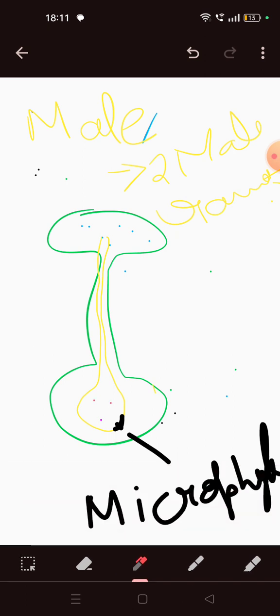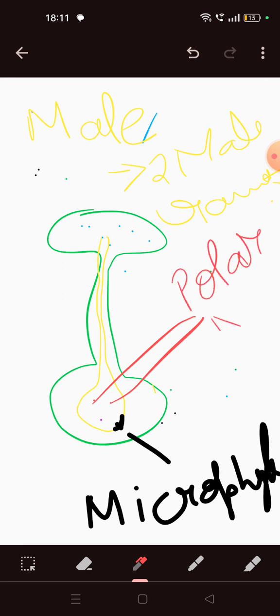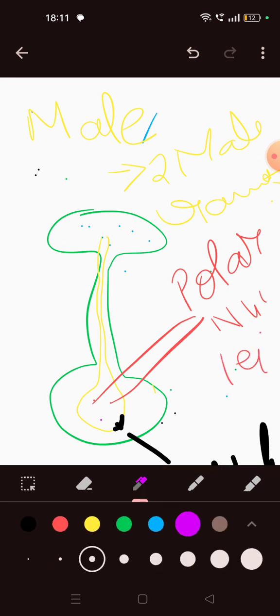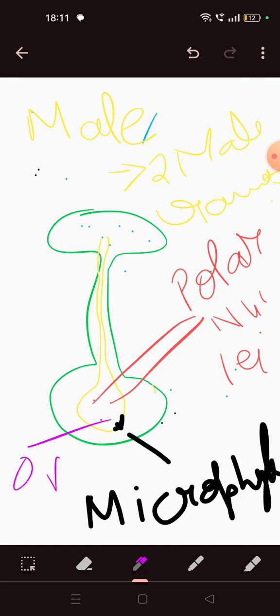Two polar nuclei. This pink part is known as the ovule.